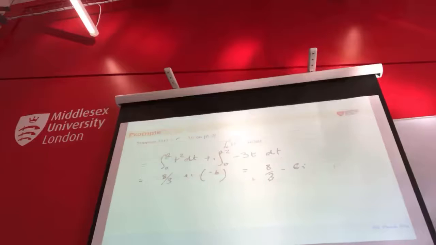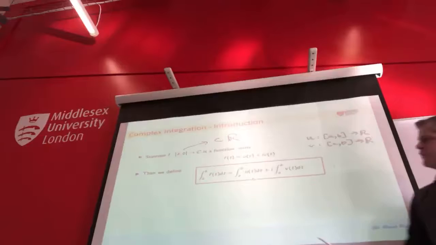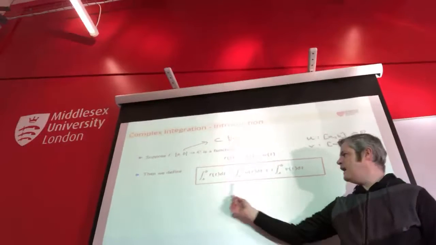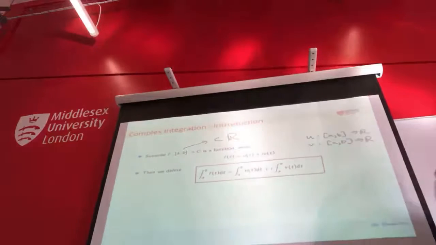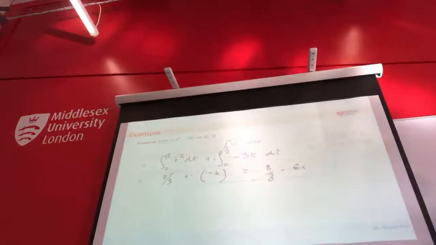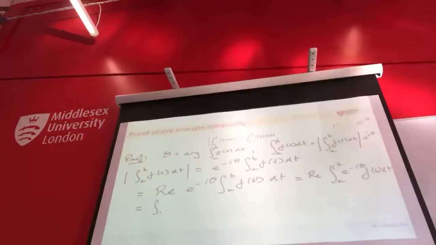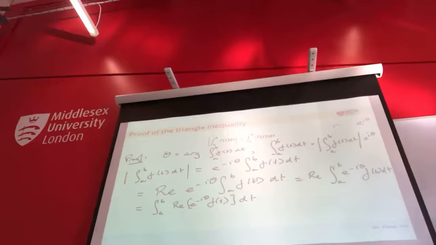Going backwards and forwards a little bit here, if I take the real part of this, I get the integral of the real part. So this is the integral from a to b of the real part of e to the minus i theta f(t). I'll put that in brackets so it's clear: we're taking the real part of all of that.